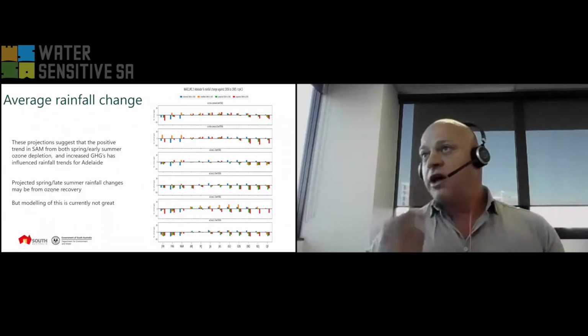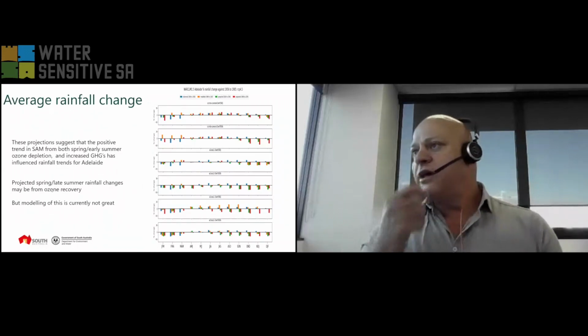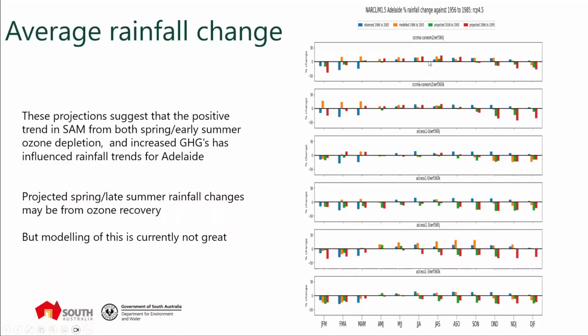But what does it look like in terms of average rainfall? So we've got 6 different downscaled GCM, RCM combinations. So these are the different projections from different modelling combinations available out of NARCLIM 1.5. We've got the percent change of Adelaide rainfall compared to the 1956 to 85 period for the medium emission scenario.